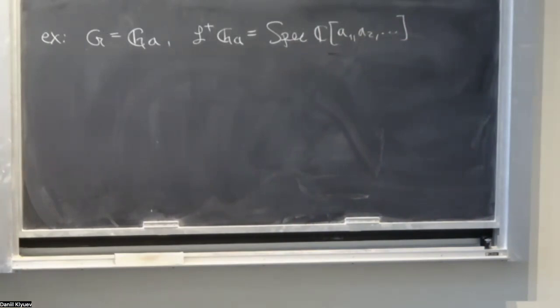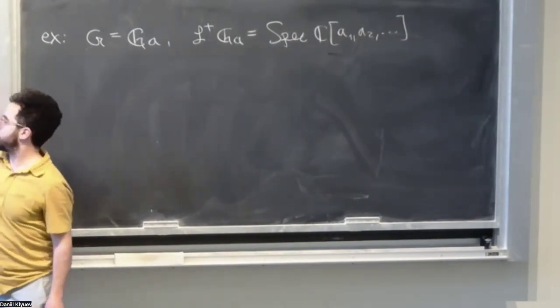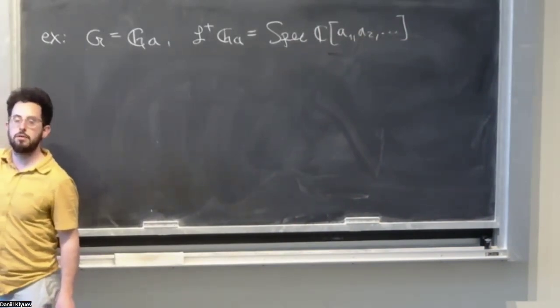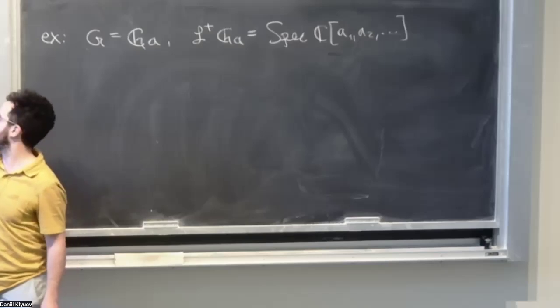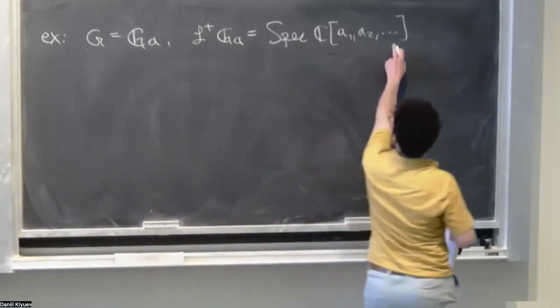if we think about a point of LG as a choice of a polynomial, a Laurent series, or a Taylor series, let's say, then those correspond to the coefficients.